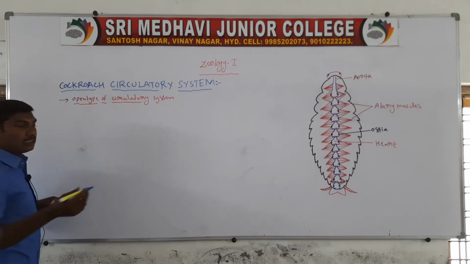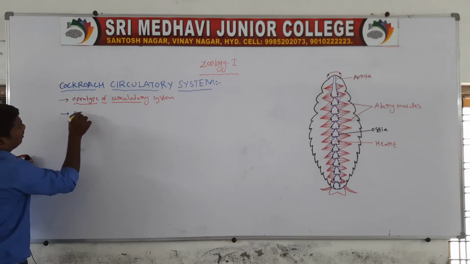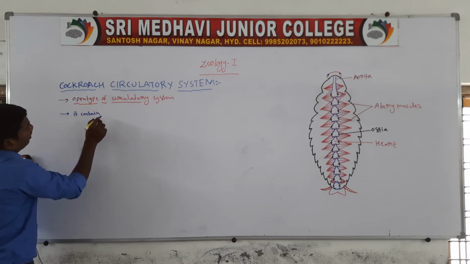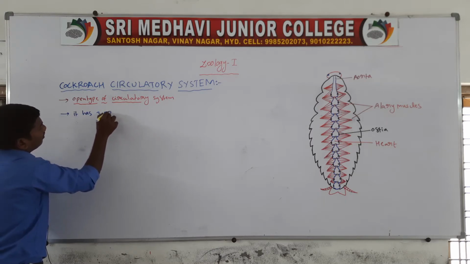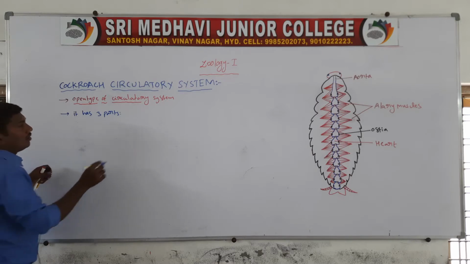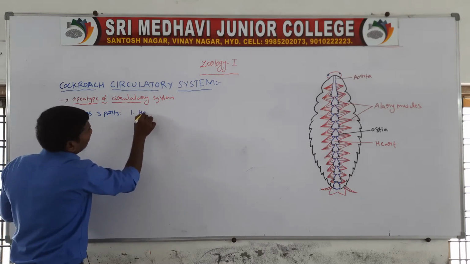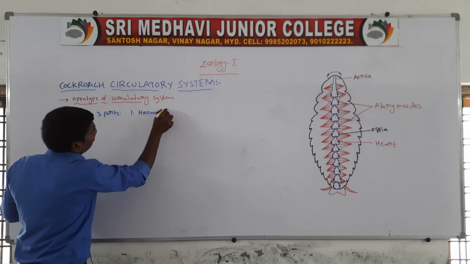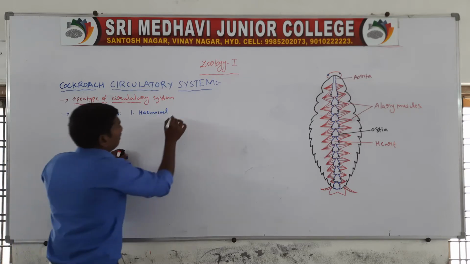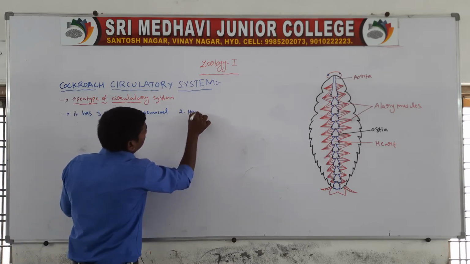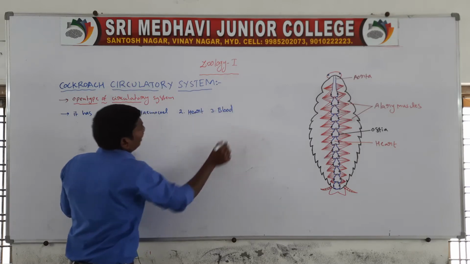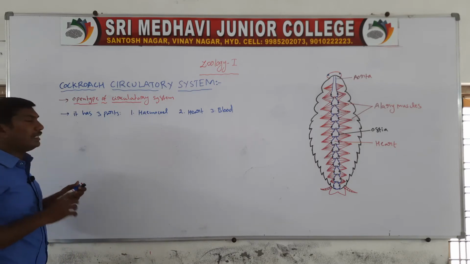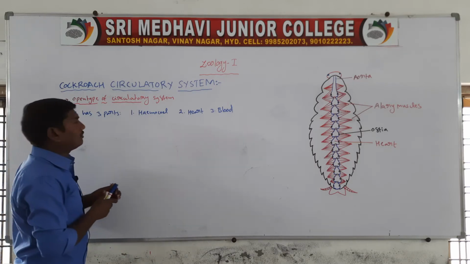The cockroach circulatory system has three main parts.